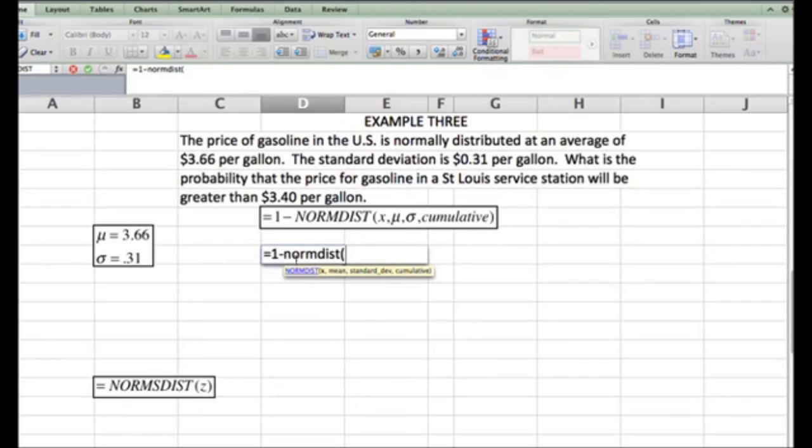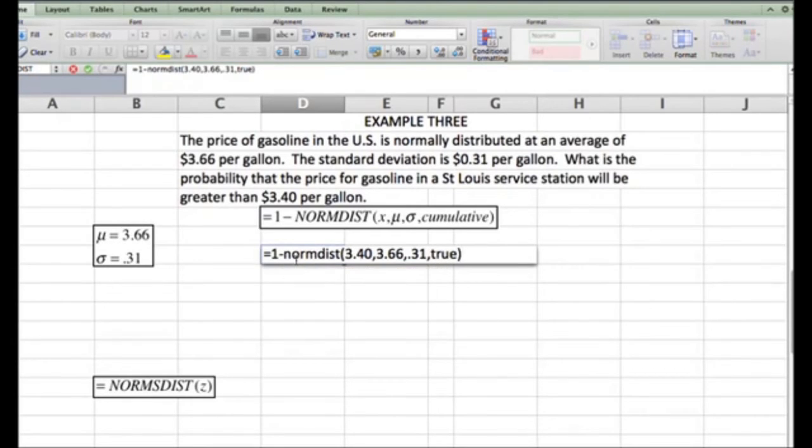Once we hit the parenthesis sign, it will then give us the drop-down menu asking for the variables. 3.4 is the number we're being asked about. The mean on all of these is 3.66. Standard deviation is 0.31. And we're again going to say true.